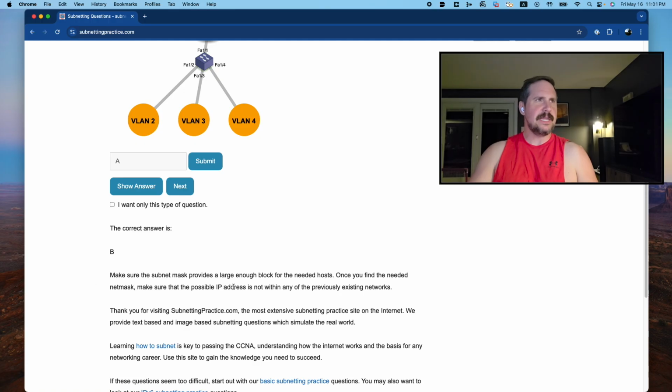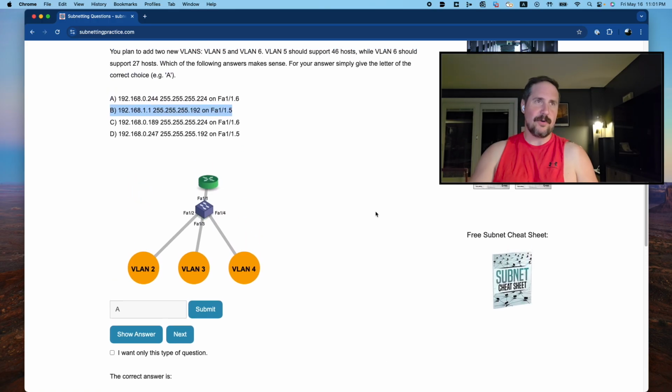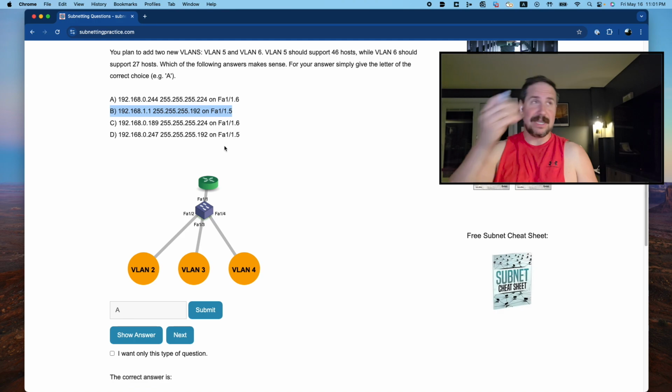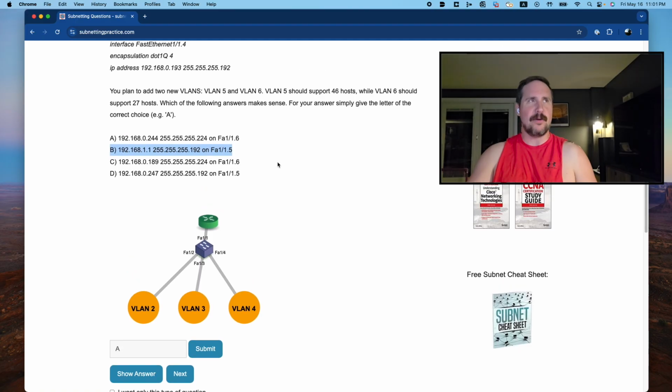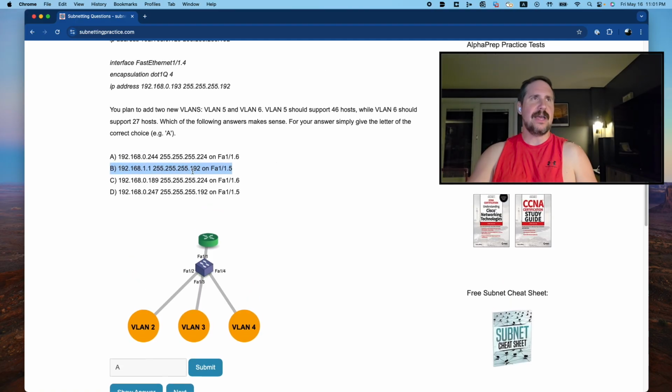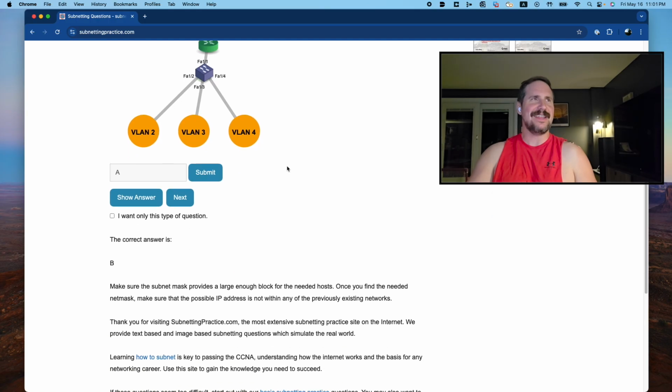Once you find the needed net mask, make sure that the possible IP addresses are not within any of the previously existing networks. All right, so all of the other options are in previously existing networks. I was under the false impression that I wanted to further break down the final network. I like how I immediately got rid of the only correct answer.